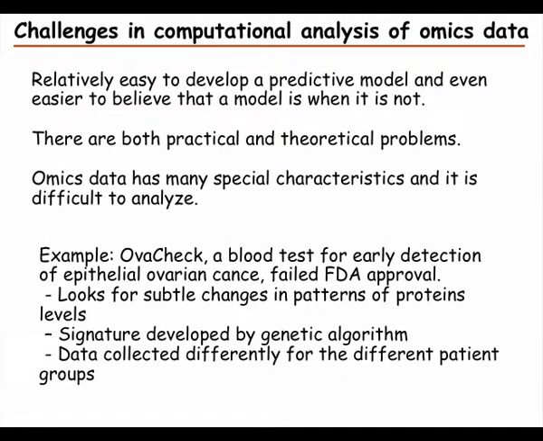So the general problem is that when we have, again, few samples and many measurements on each, it's really easy to develop a predictive model. And we often can really believe that it's a good signature, even when it's not. So there are many, and we saw one example of the Ovacheck, which looked very promising initially, but didn't get approved by the FDA.